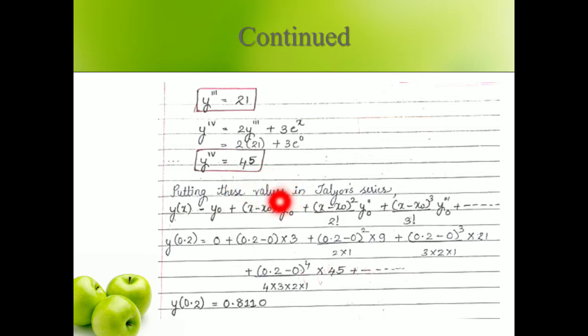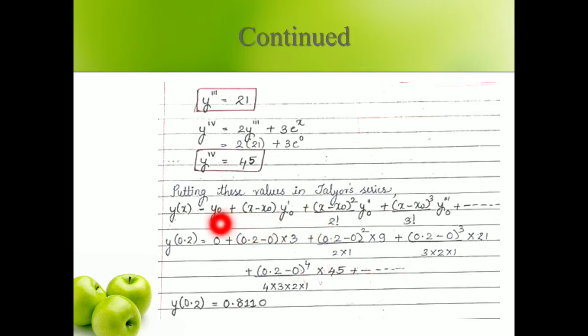Substituting y dash, y double dash, y triple dash and y to the power 4 values in the Taylor series. The Taylor series goes like this: y of x equal to y naught plus x minus x naught y naught dash plus x minus x naught the whole square divided by 2 factorial into y double dash naught plus x minus x naught the whole cube divided by 3 factorial into y triple dash naught, and so on.